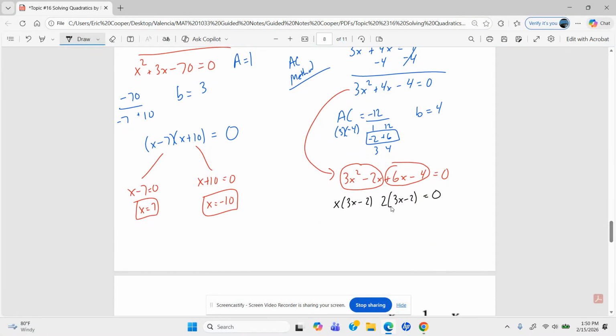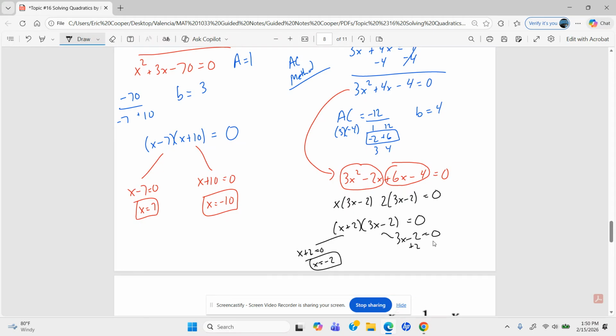So if I was doing just factoring, my factoring answer would be x plus 2, 3x minus 2. But now we're going to take each of these and set them equal to 0 to find our solutions. This one's got x by itself, so I'm just going to flip this. X here is negative 2. Here we'll do the 2 steps.